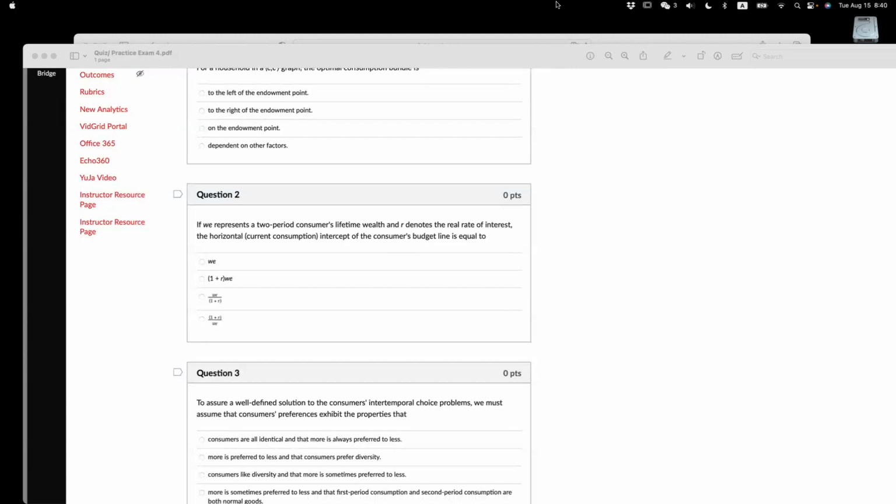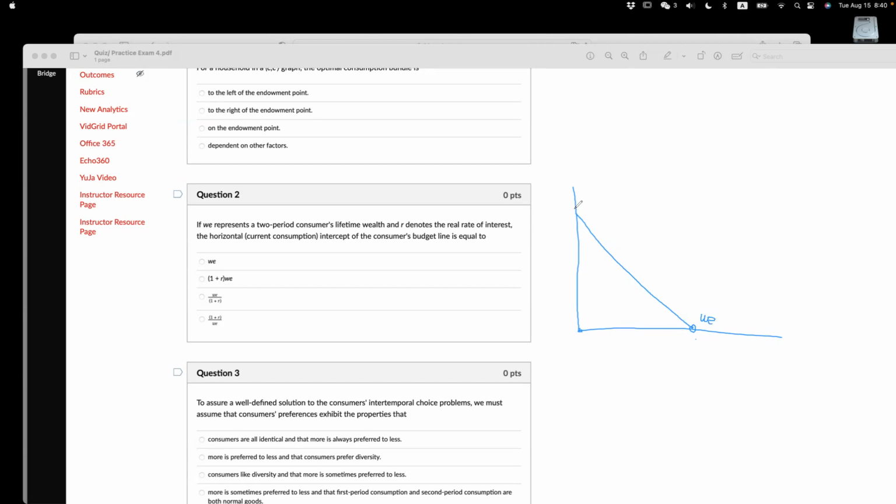So we draw the diagram. Make sure this is a budget line. Here the budget line says you consume everything today and nothing for tomorrow, and everything you can consume is WE, lifetime wealth.